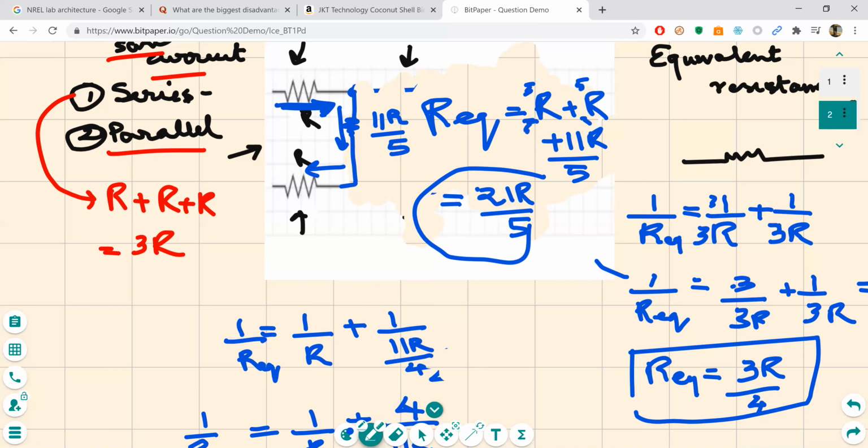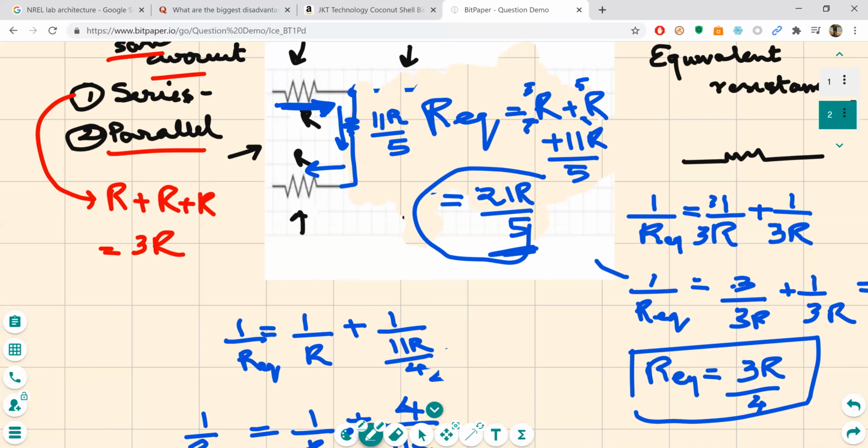So these 7 resistors, each of value R, we could have just taken all those resistors out and put one resistor of value 21R over 5, and it would have the same net effect as putting those 7 resistors. So you could have saved a lot of material.